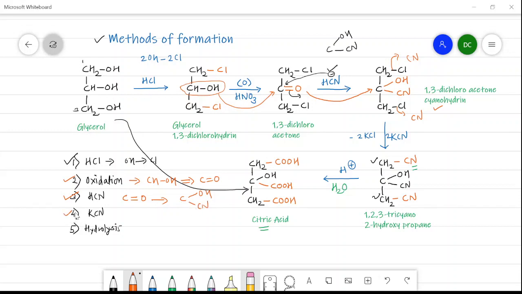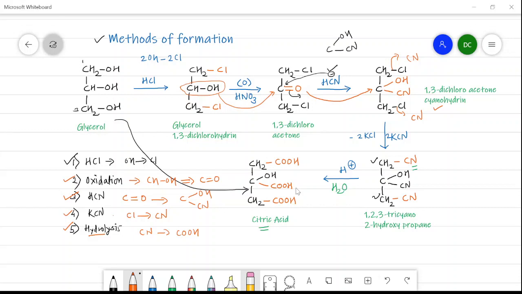In the fourth step, potassium cyanide is used, which causes the replacement of Cl by the cyanide group, and the fifth step involves the hydrolysis, where all the cyanide groups are converted into COOH. In this way, glycerol is converted into citric acid through a reaction sequence.